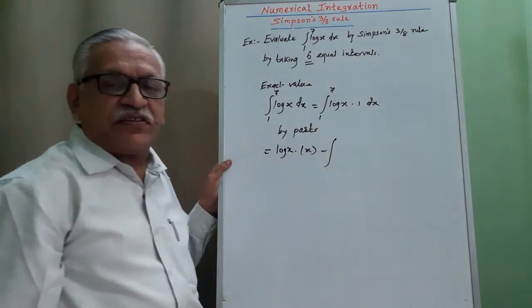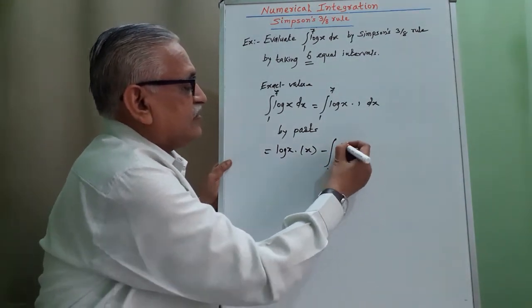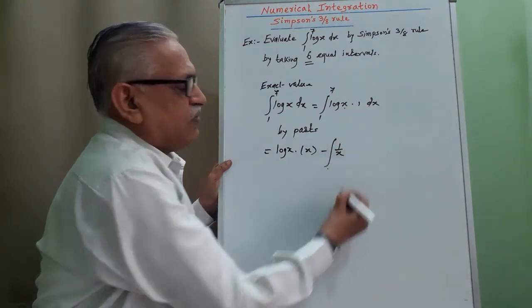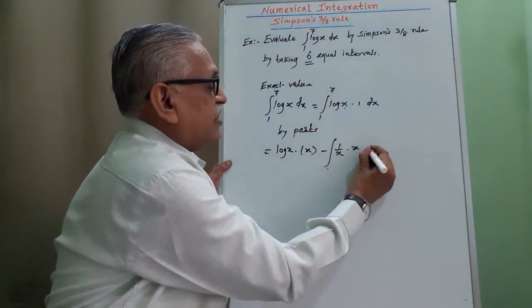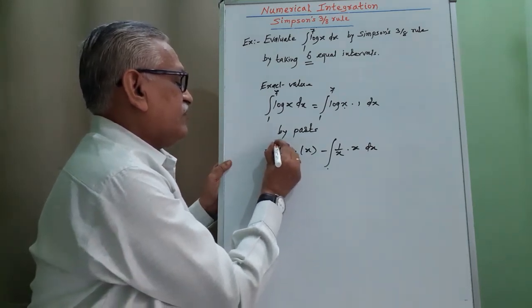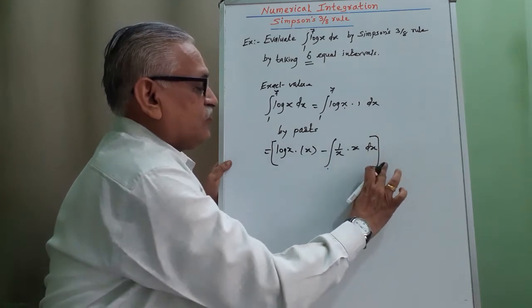minus integration of the derivative of first, 1 by x, into integration of second, which is x, and then its integration, with limits from 1 to 7.